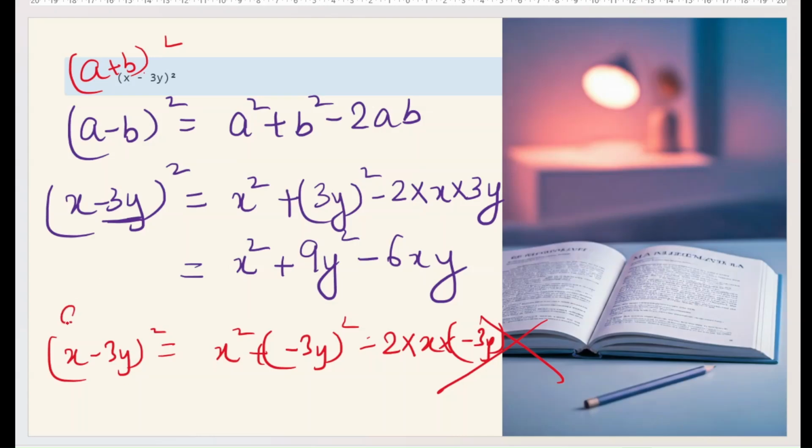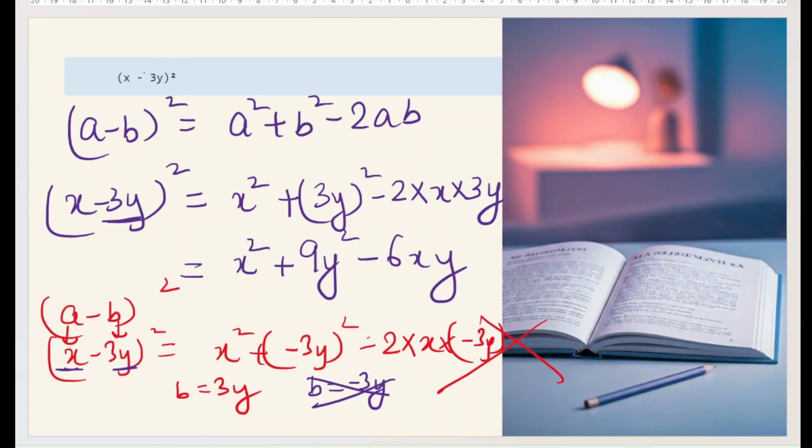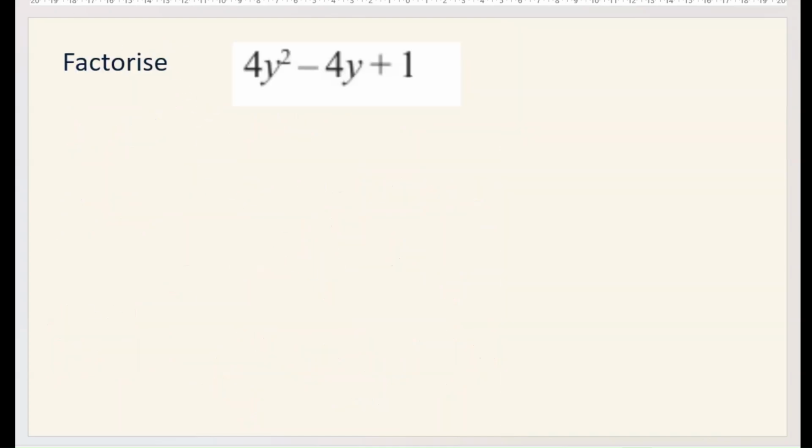Because if I compare this identity and this identity, what is the value of a? X. What is the value of b? B is equals to 3y. Right? Do not write b as minus 3y. This is wrong. Okay, what is the value of b? 3y. What is the value of a? X. Understood?